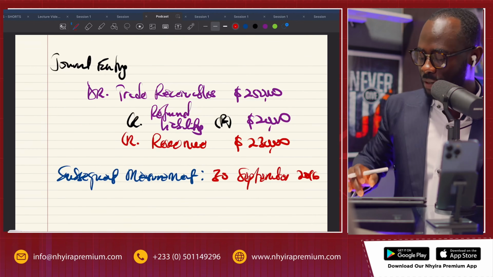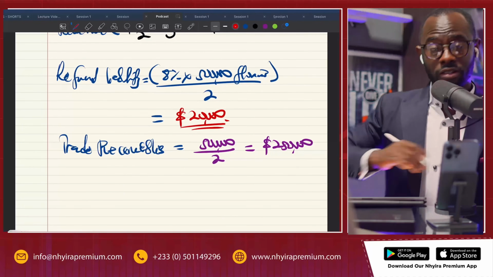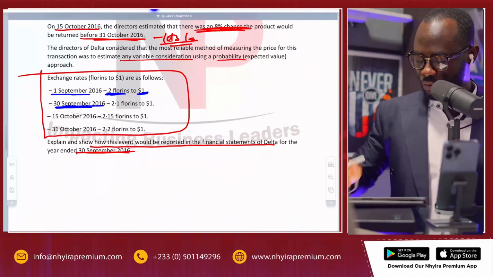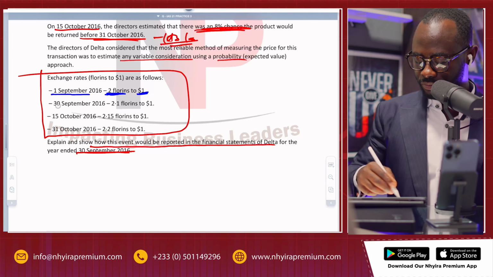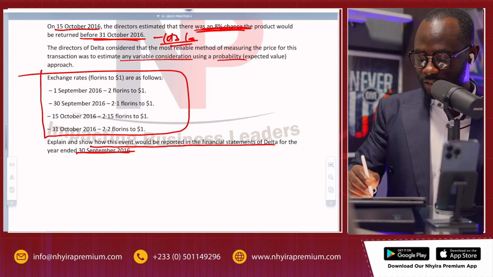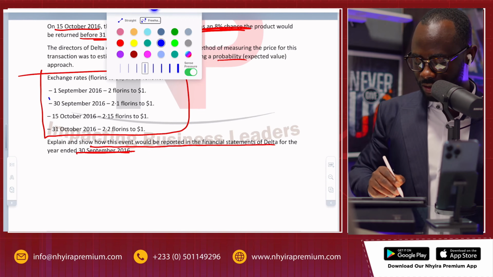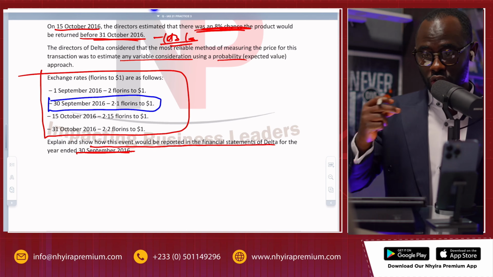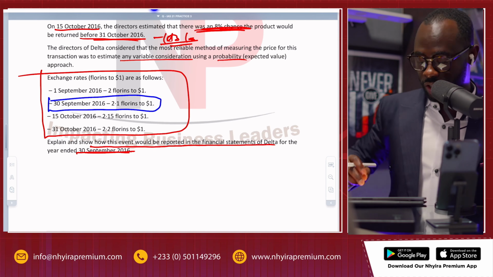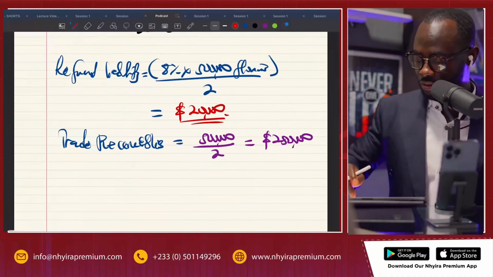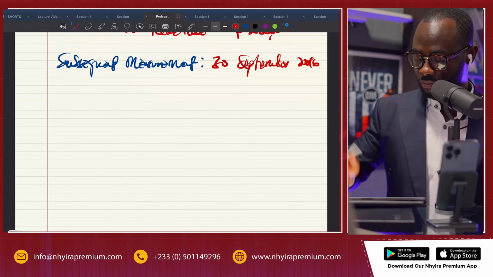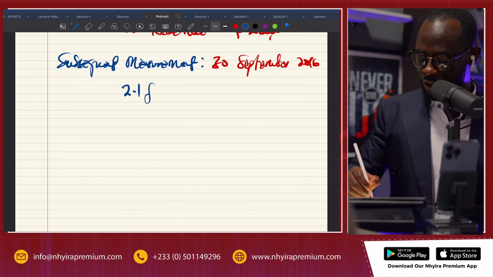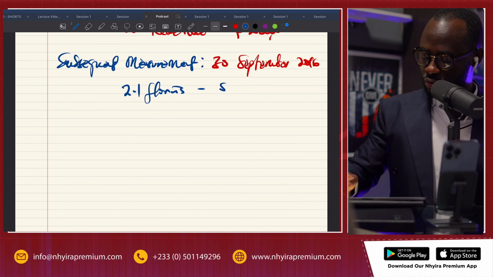Now remember, the person still owes us 500,000 florins. But at 30th September, what is the exchange rate? The exchange rate at 30th September now is 2.1 to a dollar.